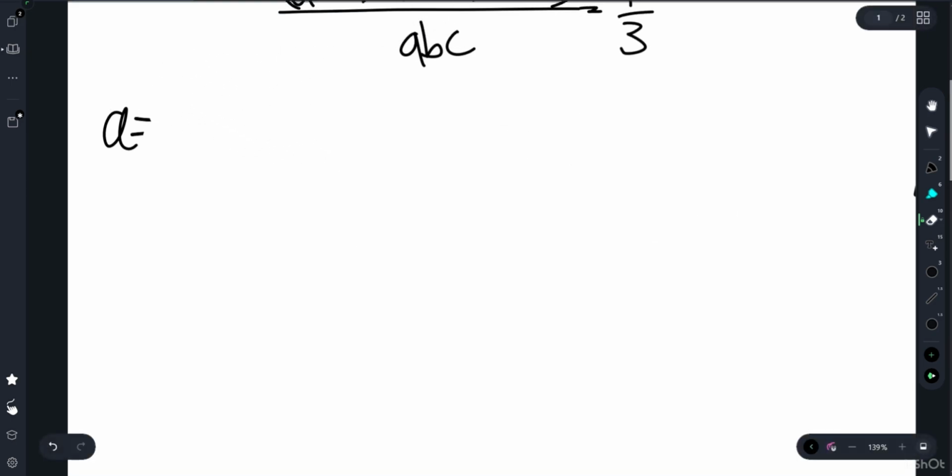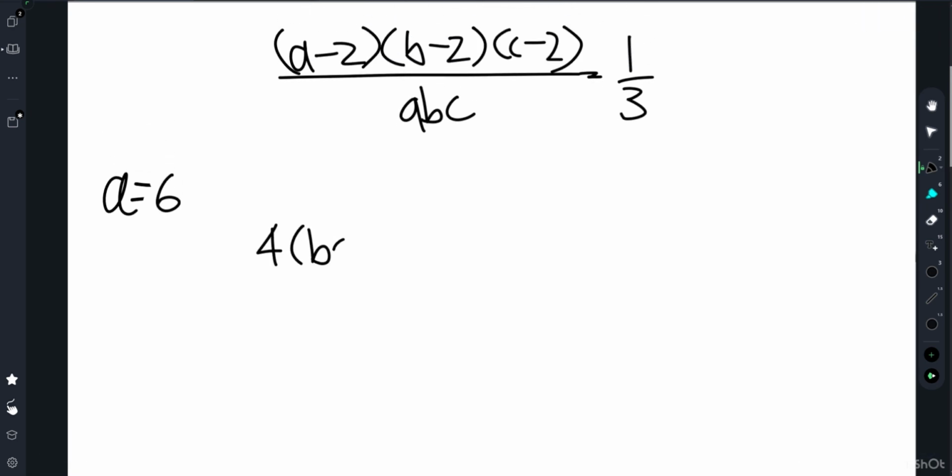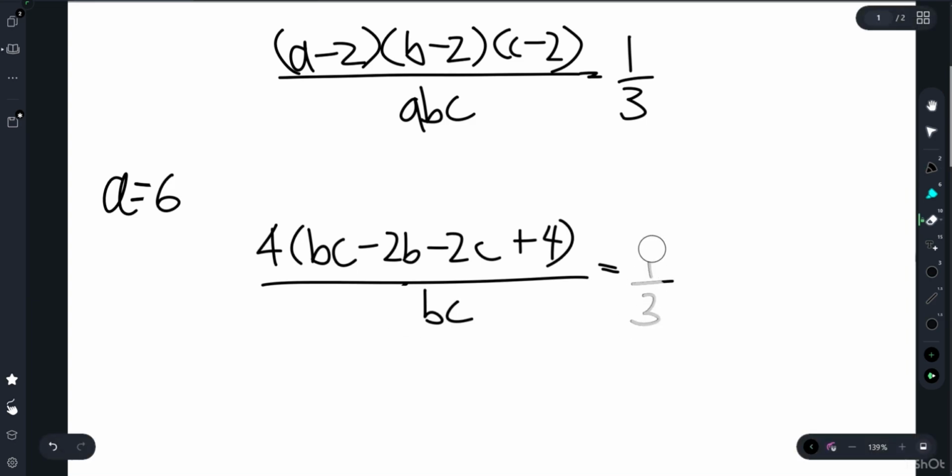Now this is our last case, which is going to be A equals 6. So if A equals 6, we have 4 times (BC minus 2B minus 2C plus 4) all over 6BC is equal to 1/3. Let's multiply 3 on both sides. So we get this is just equal to 2BC, and now we can just divide again.